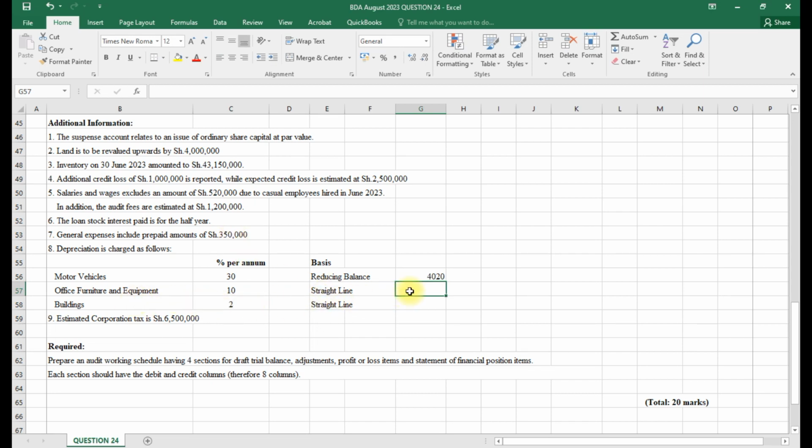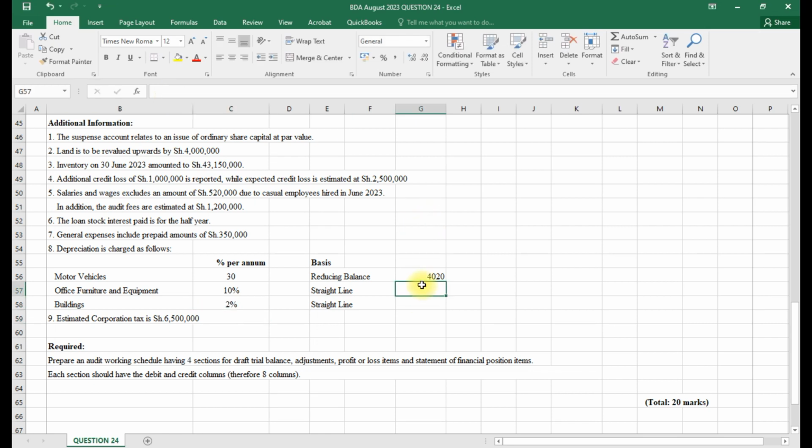Office furniture is on straight line, 10%. It will be easier if I put this value as a percentage. Even this one, I put it as a percentage. It will make my work easier.